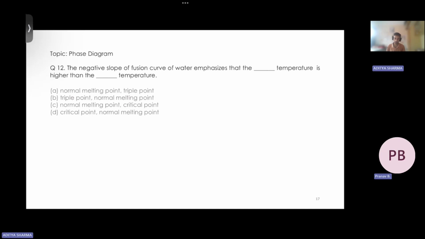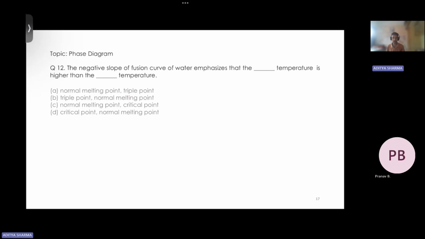Triple point temperature is higher than the normal melting point. Normal melting point is at 1 atm pressure. So, the triple point temperature is greater than the normal melting point temperature.